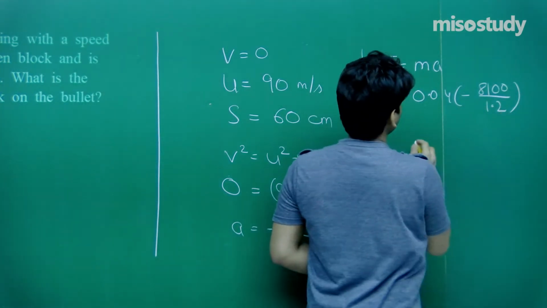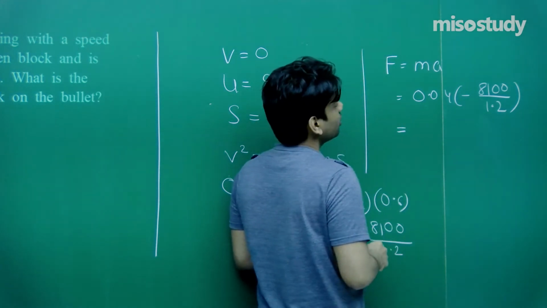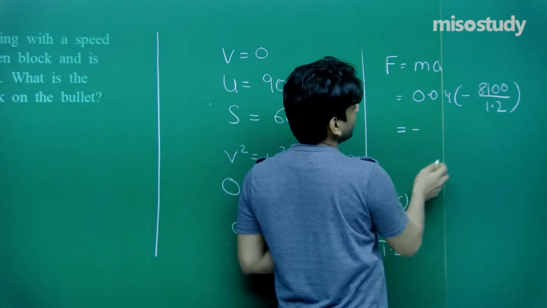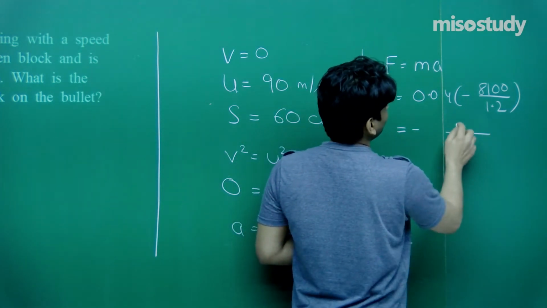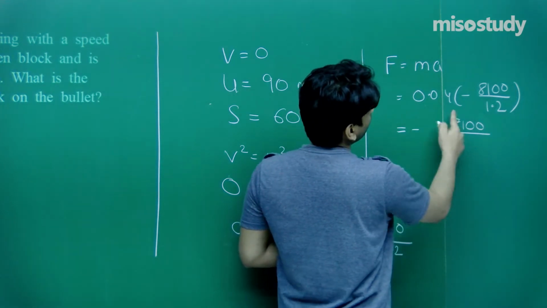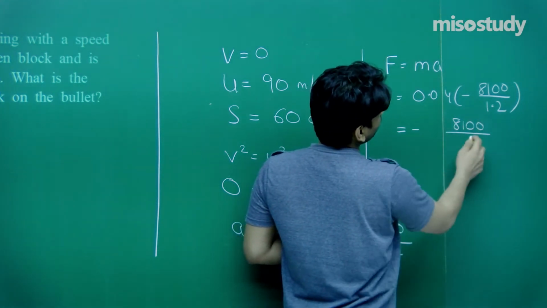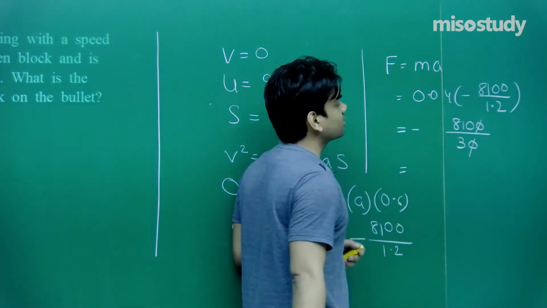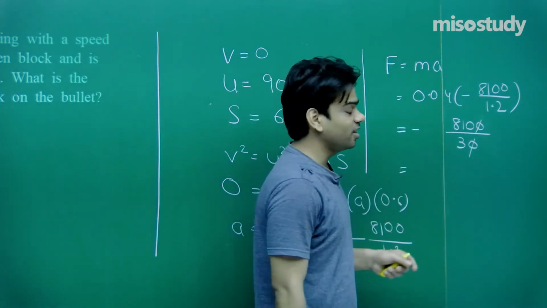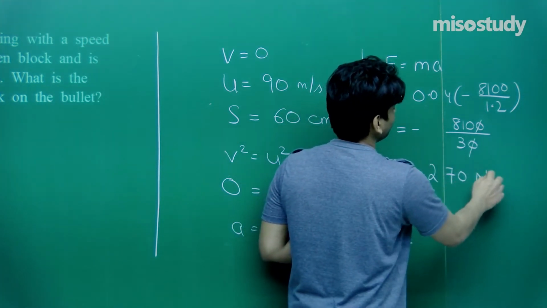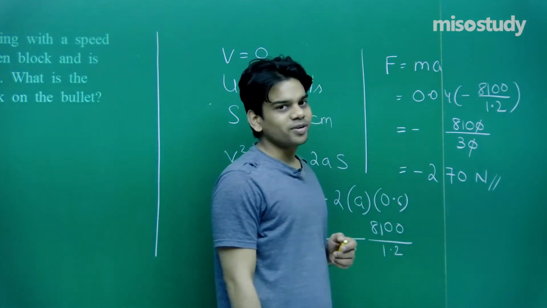You can easily evaluate this. 0.04 and 1.2 can be divided, so 8100 divided by 30 gives 270.